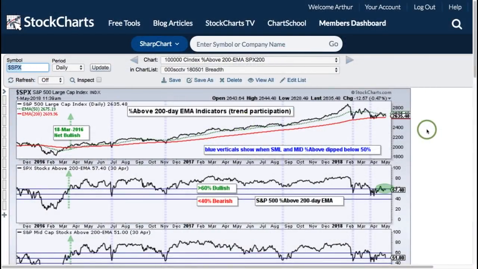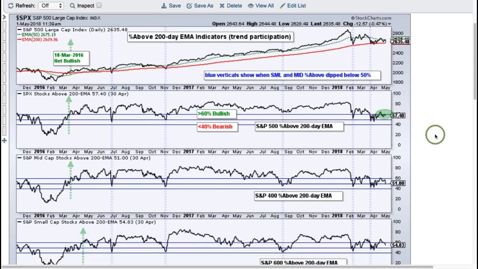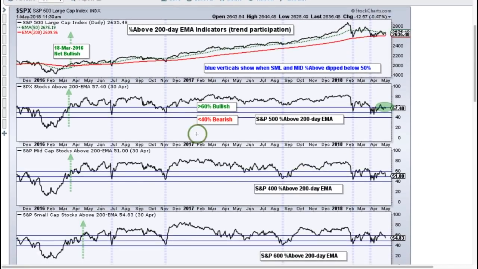All right, now we've got the percentage of stocks above the 200-day EMA. And you can see that as far as the signals are concerned, we got net bullish on March 18th when the S&P 500 and the S&P Mid-Cap 400 were on bullish signals, and small caps followed in April. And you can see that we've had dips below 50% in mid-caps and small caps.